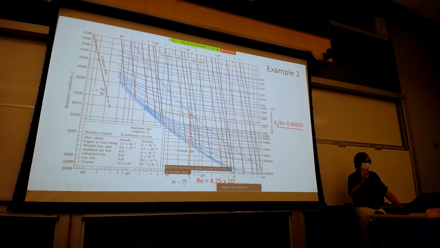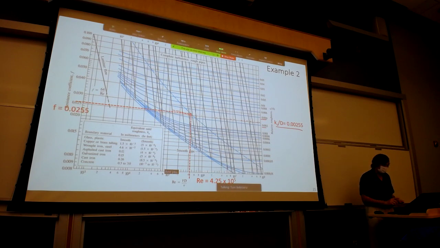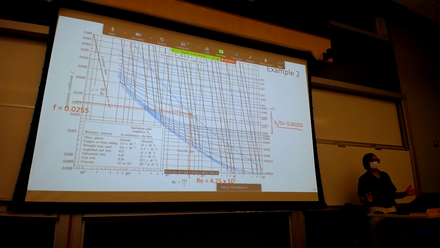And it's very, very close to the turbulent, but it looks like it's in the transition zone. We go horizontally over from where those two intersect. Again, where relative roughness, even where it's curving, intersects with the Reynolds number, you go horizontally over from their intersection to get the friction factor. And you can see a friction factor of about 0.0255.